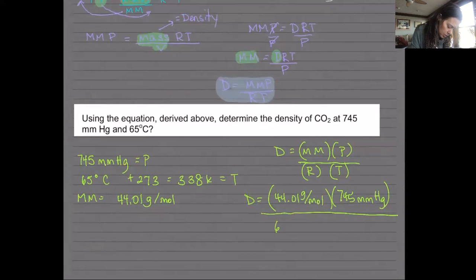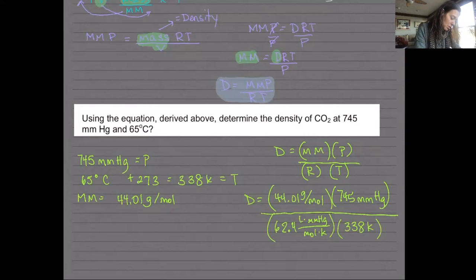That is 62 point, oh gosh, 4 or 3, 4 liters mmHg per mole kelvin. Sometimes, never mind, I changed my pressure to atmospheres and plug in my R value for atmospheres because I know it better. And my temperature here is 338 kelvins.